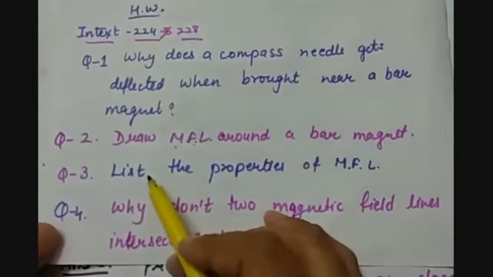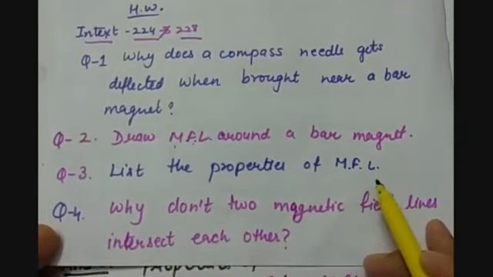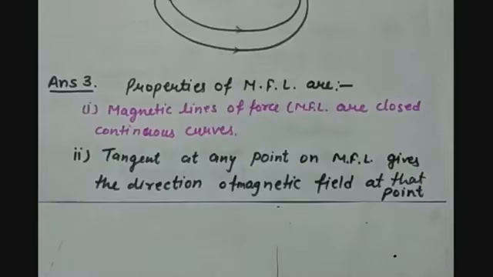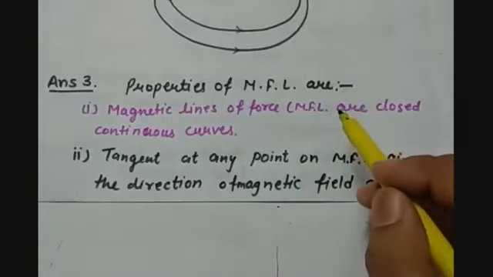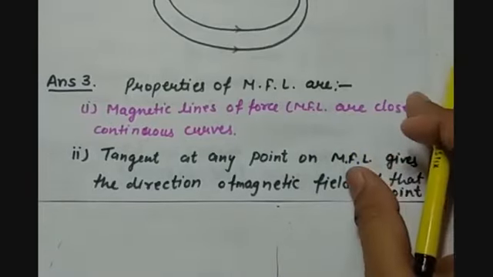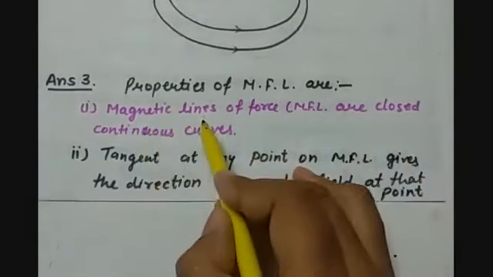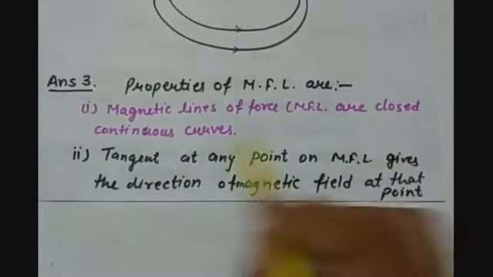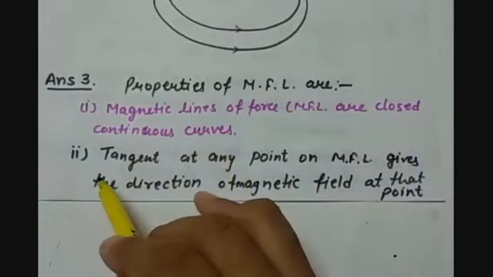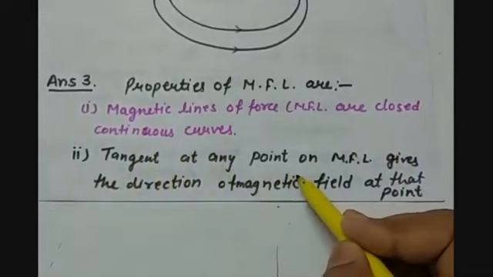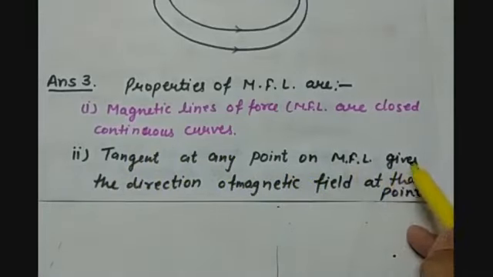Question number 3 is, list the properties of the magnetic field lines. So the properties we have discussed in detail. Now we are just making a list of it. First, magnetic lines of force are closed continuous curves. Second, the tangent at any point on a magnetic field line gives the direction of the magnetic field at that point.